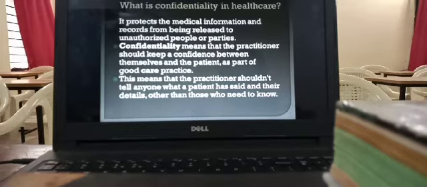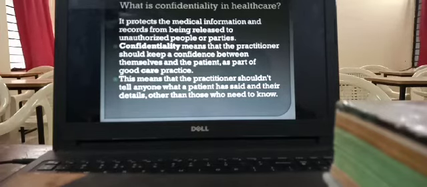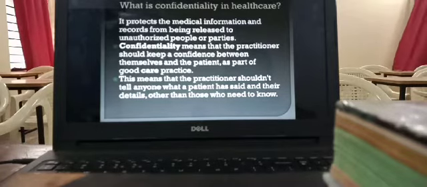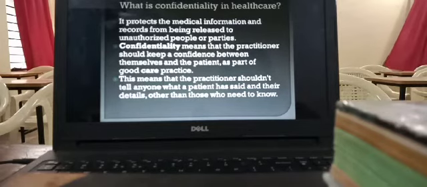Secondly, confidentiality means that the practitioner should keep a confidence between themselves and the patient as a part of good care practice. Thirdly, this means that the practitioner should not tell anyone what a patient has said and their details other than those who need to know.